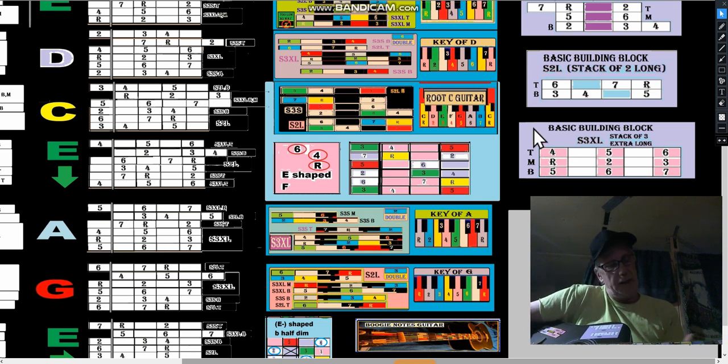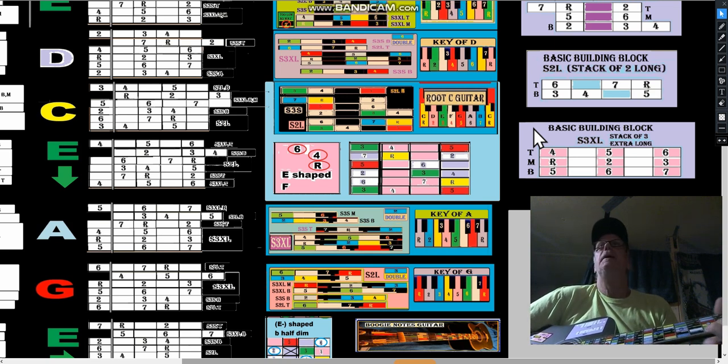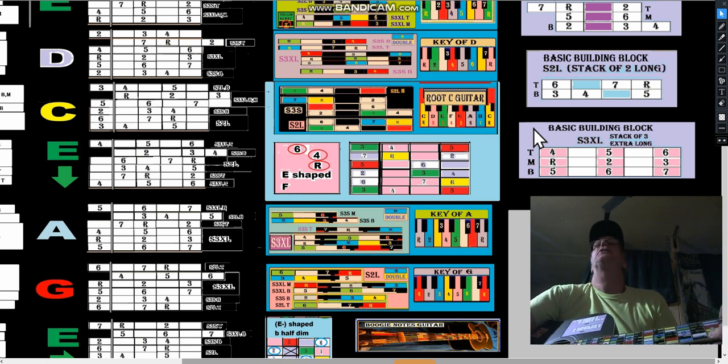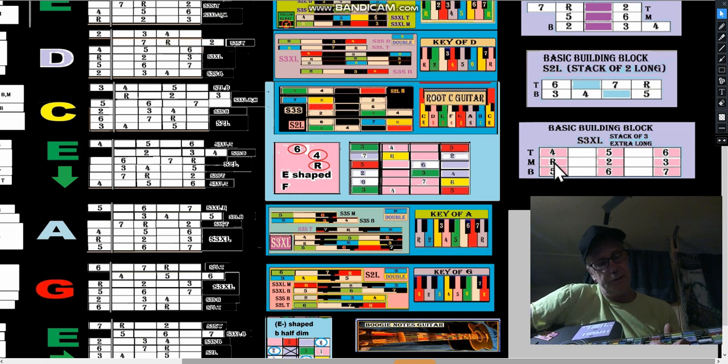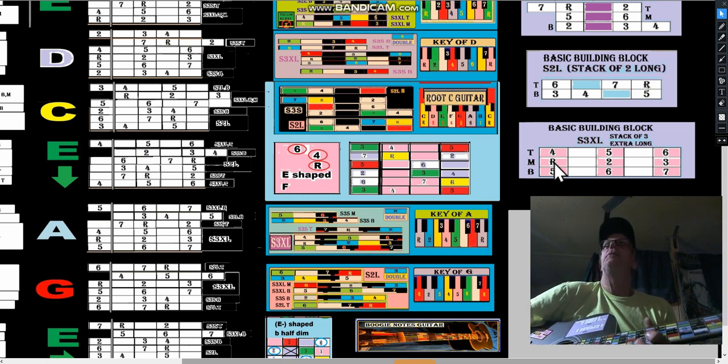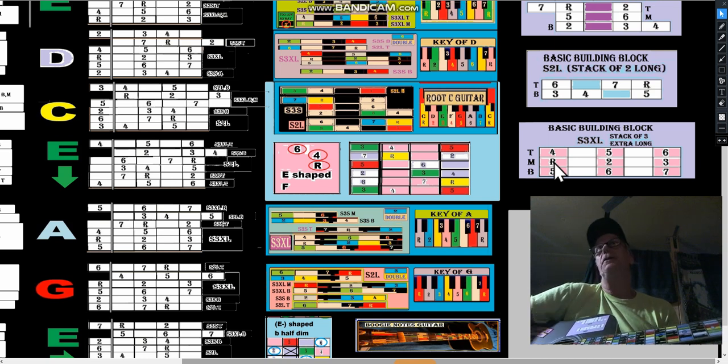So if you came up with the 4, 5, 6 up there, and you wanted to, excuse me, if you did the R, 2, 3, because we want to go to the 4, 5, 6 from there. So we do the R, 2, 3. Then we're just going to go a half step up and start the whole pattern again, the next level.